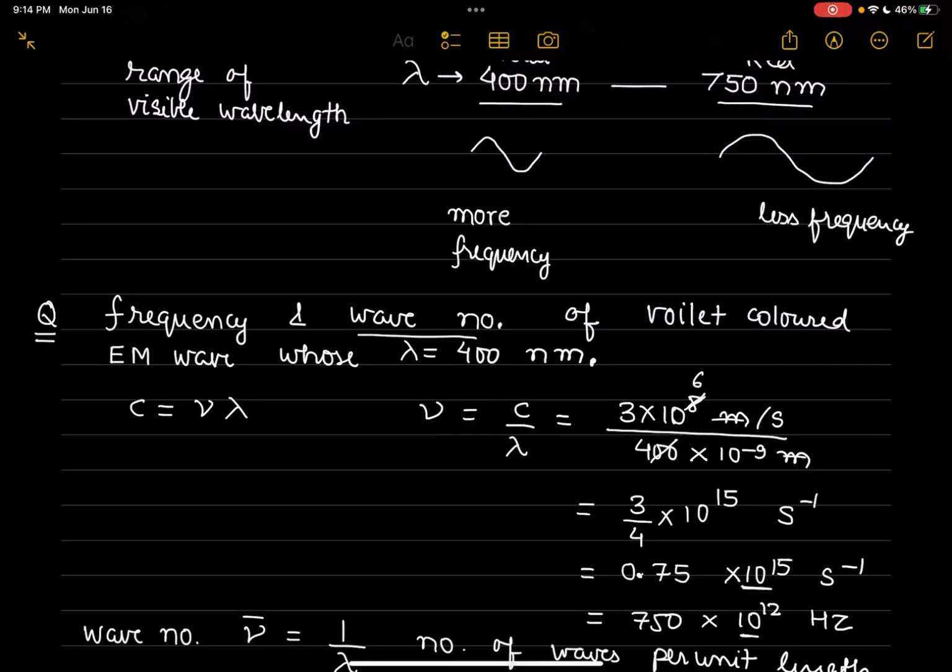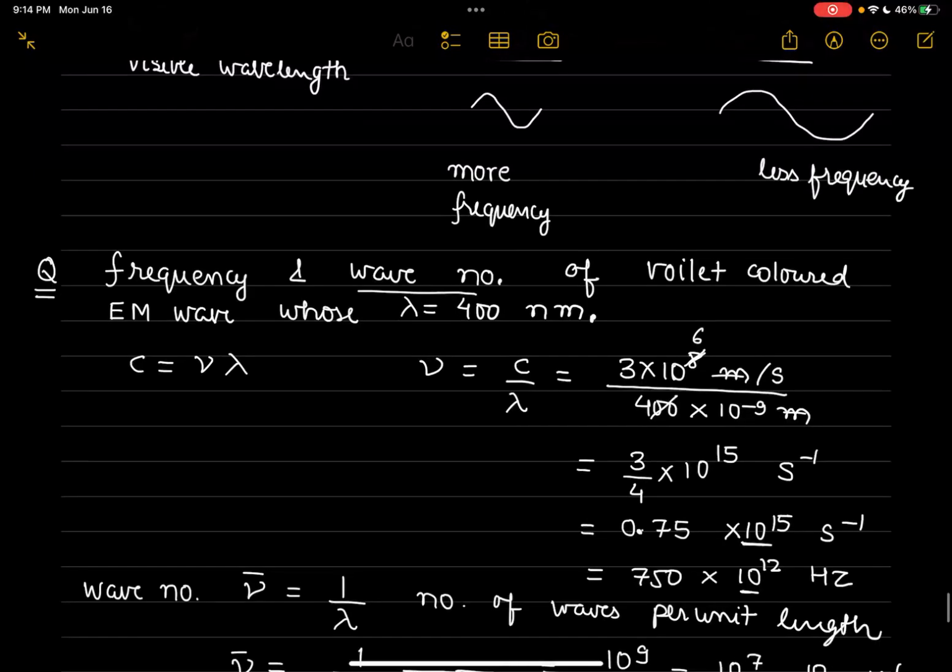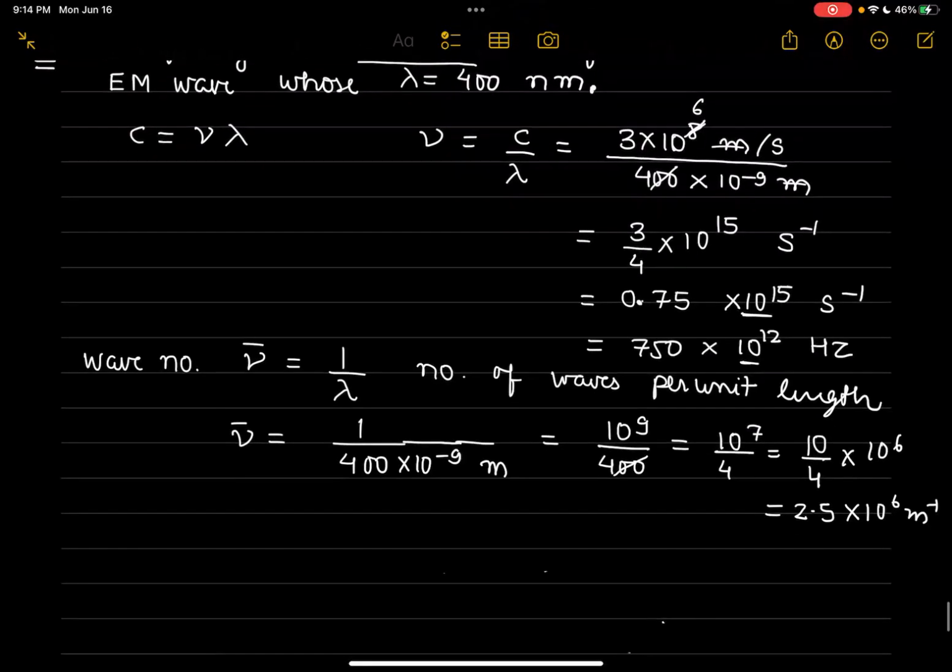So this is the wave nature of electromagnetic radiation. Is it clear? That tells us that electromagnetic radiations are waves, but waves of what kind?